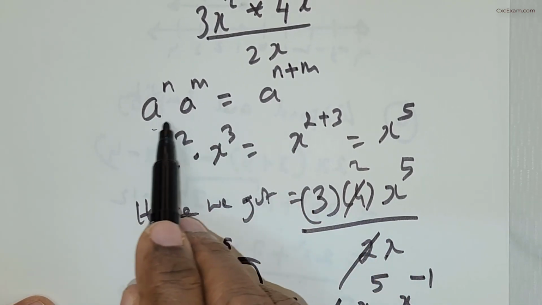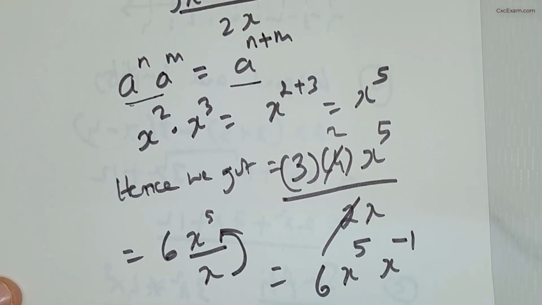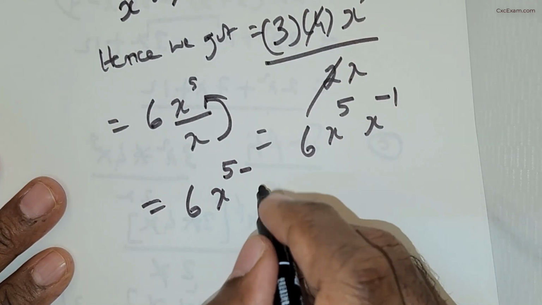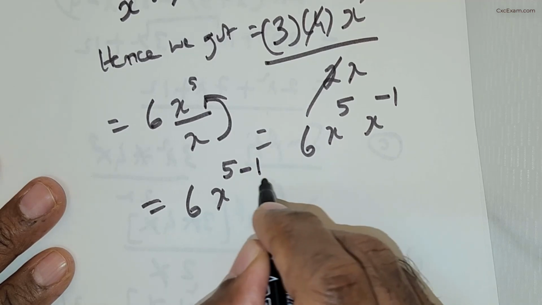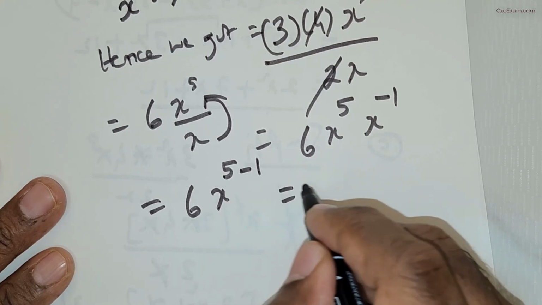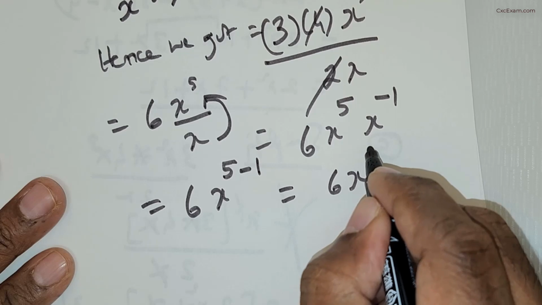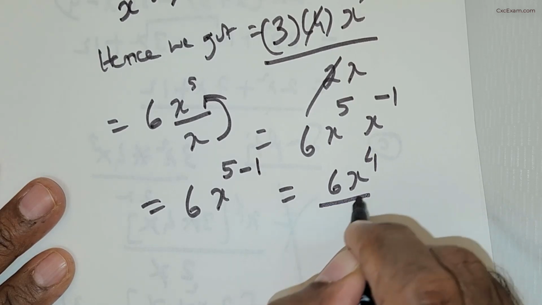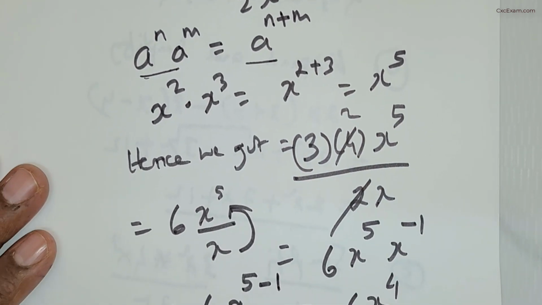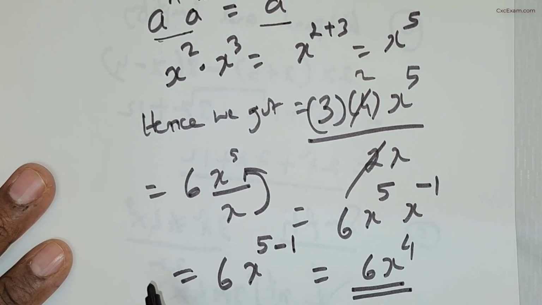Using the same formula, you add 5 and negative 1, so x raised to the power of 5 negative 1. You get 6 times x raised to the power of 4. And this is the simplified form. Now I have done it in detail. Now you need to practice this and get the solution.